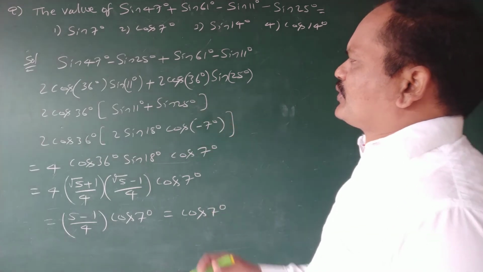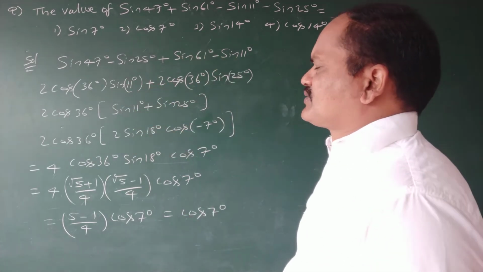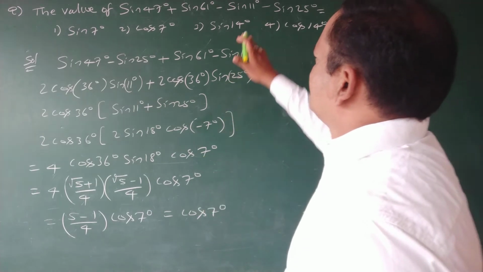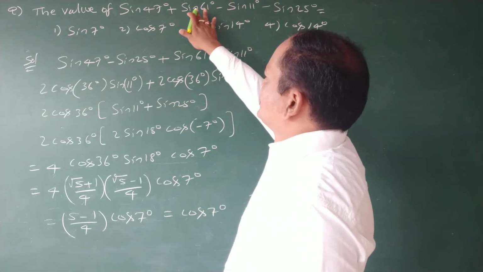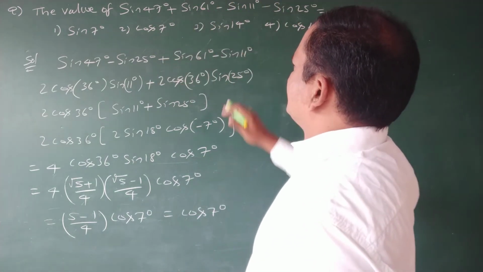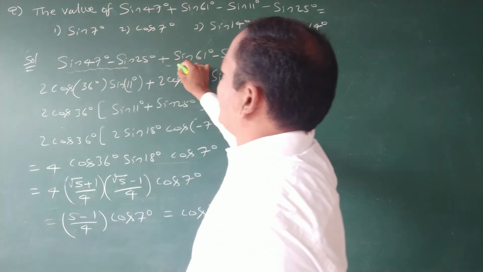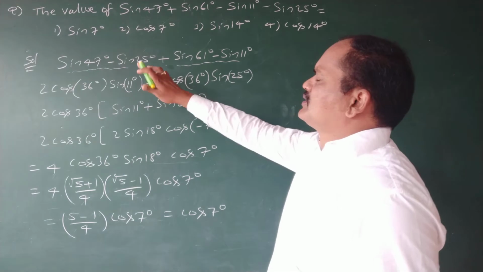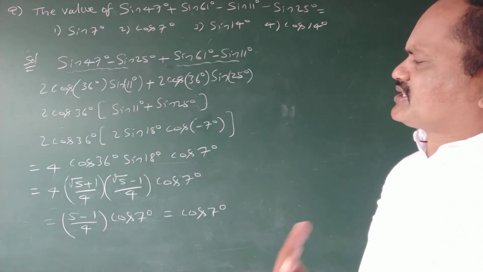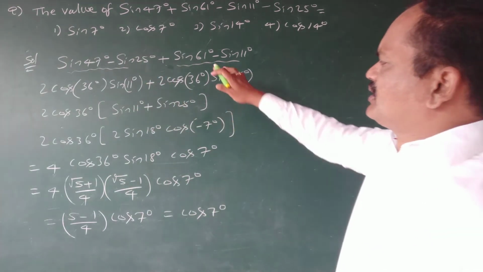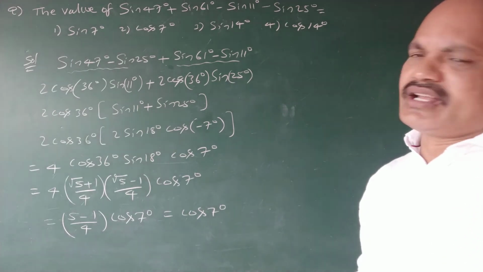Now we have to take the expression, that is sin 47 degrees minus sin 25 degrees, and sin 61 degrees minus sin 11 degrees. So we have to rearrange the expression: sin 47 minus sin 25 and sin 61 minus sin 11.